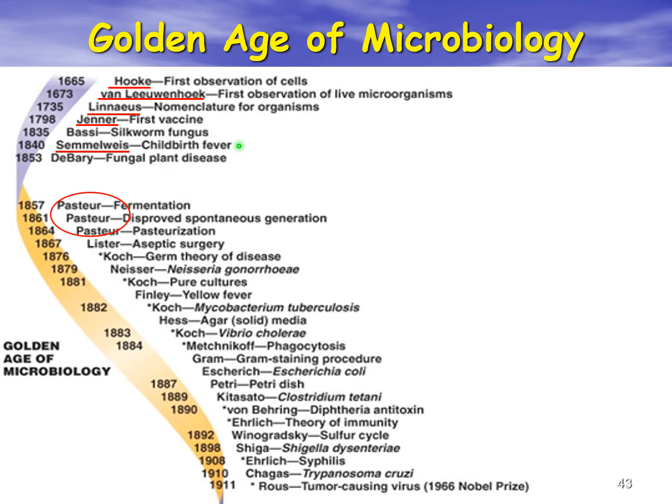Pasteur. Louis Pasteur is a big name in the golden age of microbiology in the mid-1800s. First of all, he was the one that completely disproved spontaneous generation. We'll talk a little bit about that. He was the first to really understand fermentation. And of course, we've honored him by giving his name to the process of heating juices and milk today to destroy microbes, pasteurization.